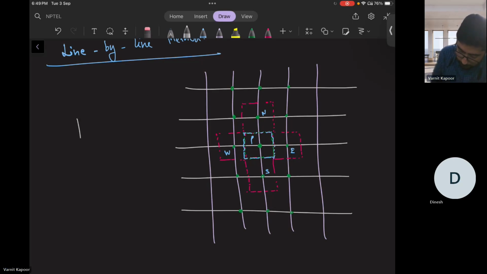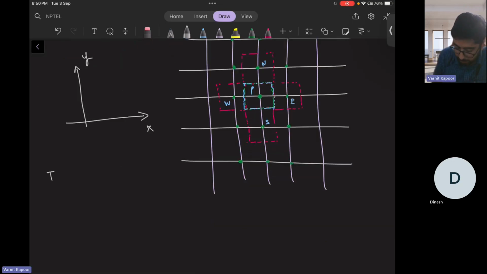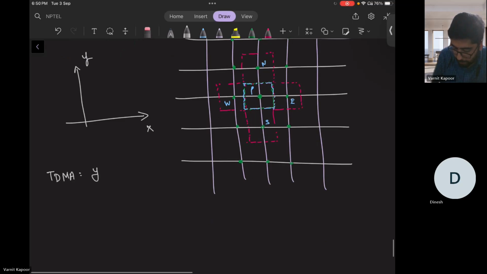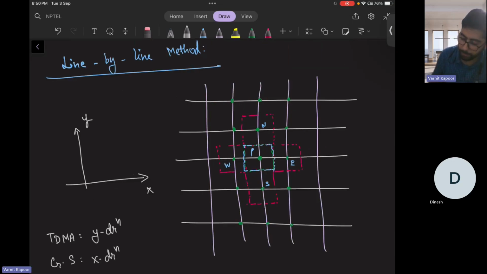This is the y direction, this is the x direction. So what we do, we apply TDMA in the y direction and Gauss Seidel in the x direction. So what does that mean? What is happening actually?